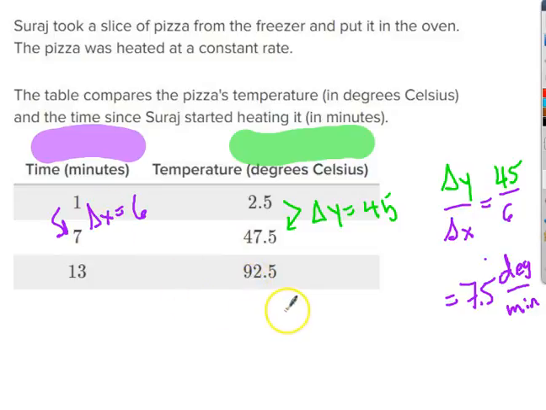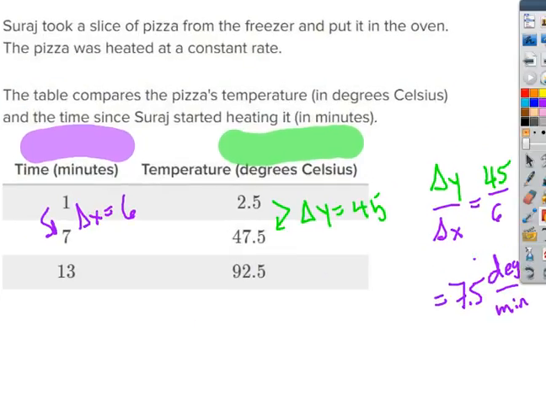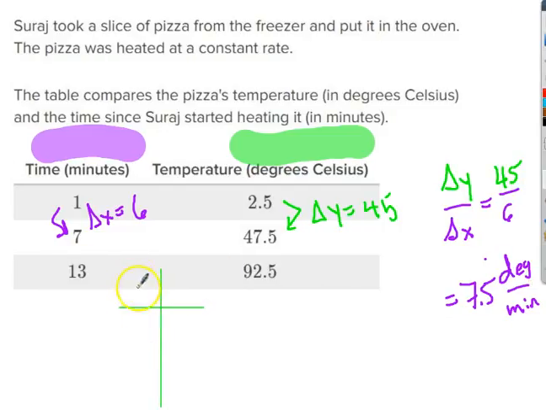I can go ahead and finish out my table if I want to find the y-intercept. So the problem is that the y-intercept occurs when x is equal to 0. So I know time and I know the temperature, but it started off at 1 and then 7 was the very next one.